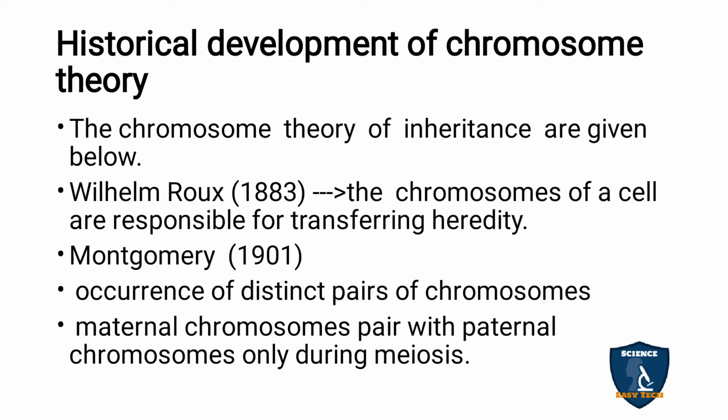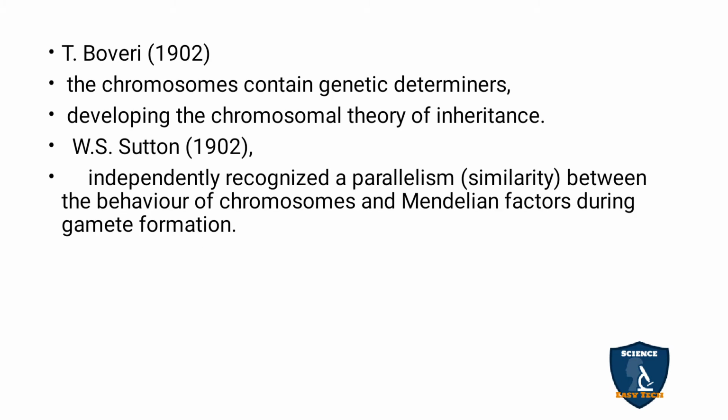And Montgomery in 1901 said chromosomes are in pairs, one from the mother, that is maternal, the female parent, and another from the paternal, the father or male parent, and this takes place during meiosis, cell division.